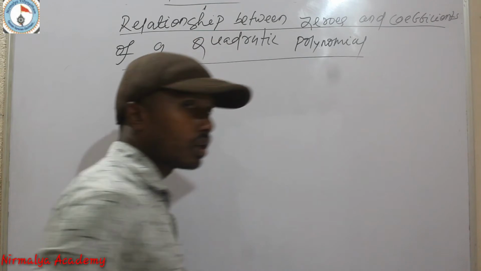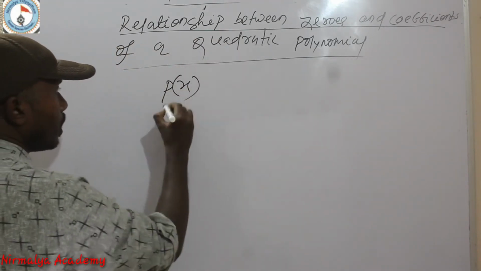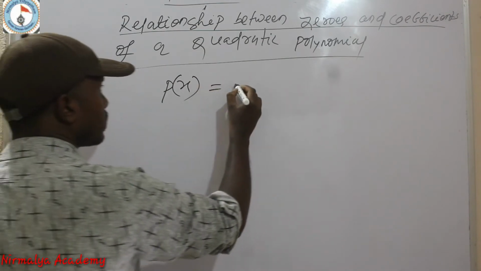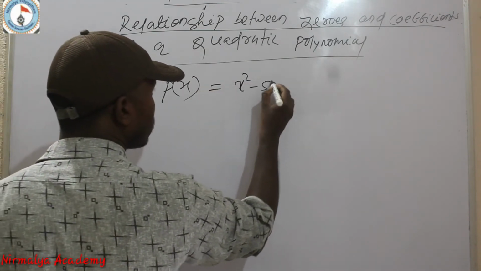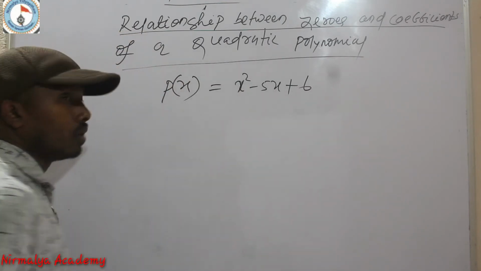Let's take an example of a quadratic polynomial: p(x) equals x square minus 5x plus 6. So this is the quadratic polynomial.